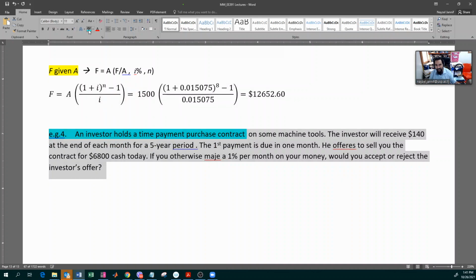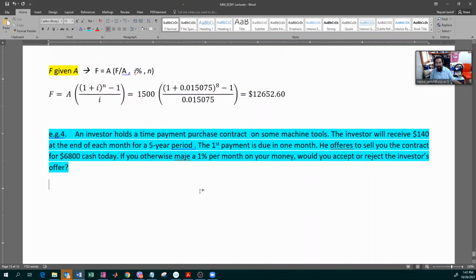All right, this is a question in time value of money. An investor holds a time payment purchase contract on some machine tools. Right, so this is like a lay-by. He's bought some machine tools from you, and then you've bought some machine tools from him, right? So the investor will receive $140 at the end of each month for a 5-year period.